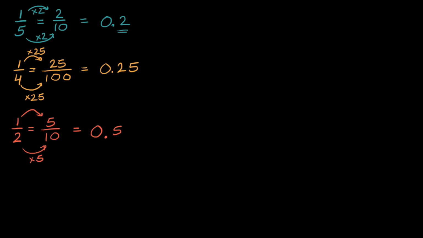For example, if someone said, quick, what is 3/5 represented as a decimal? Well, in your brain, you can say, 3/5, that's just going to be 3 times 1/5. And I know that 1/5 is 2/10. So that's going to be 3 times 2/10, which is, well, 3 times 2 is 6, so 6/10.